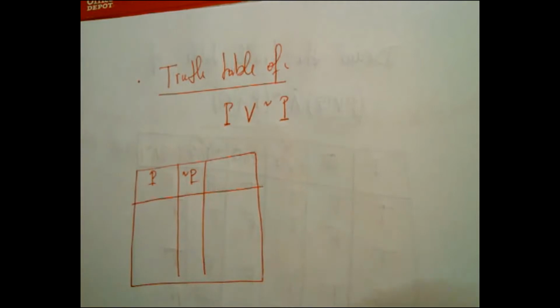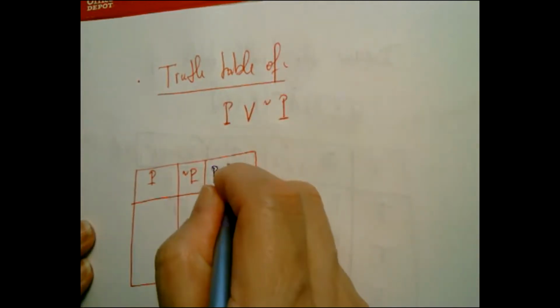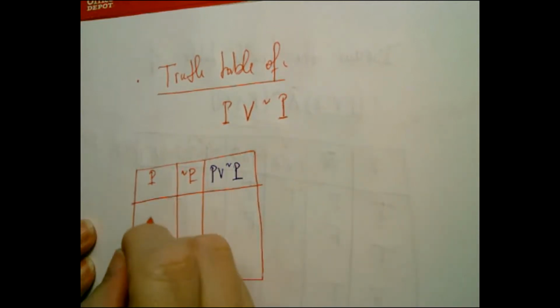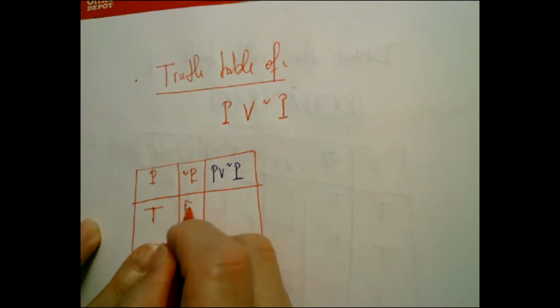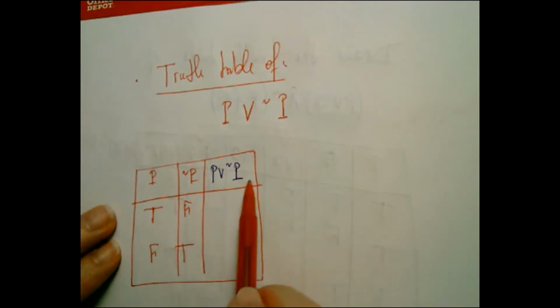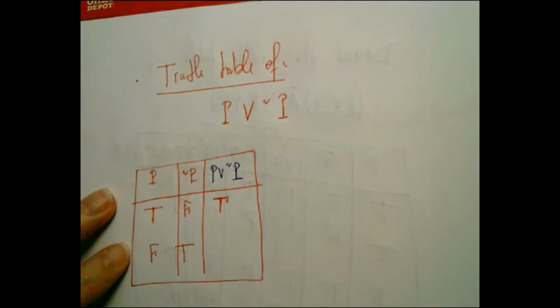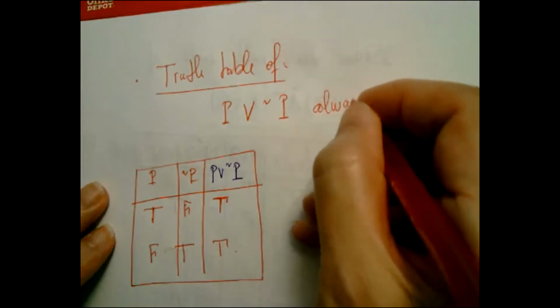That's P, non-P, those are the components, and this is the one I'm interested in. All right, so P is either true or false. Non-P is going to be false here, true here. So what's P or non-P? It's true and false. This is going to have to be true because that's the or, and this is going to be true. So P or non-P is always true.